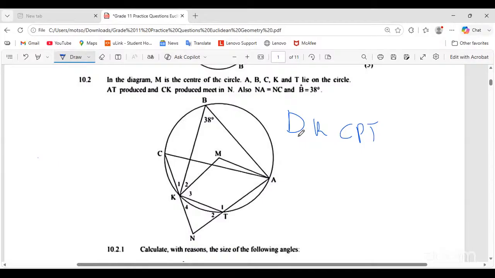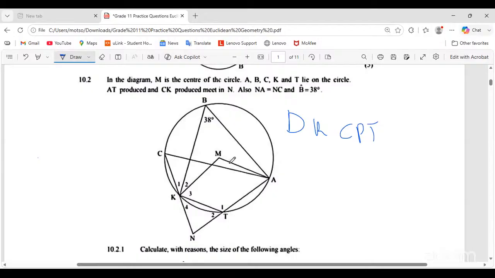Now, I'm going to ask myself if there is any diameter in this diagram. So, okay, let's have a look. Oh no, there's no diameter. Radius, no. Is there any radius? Oh yes, but this is the center of the circle, but we don't have to assume that.